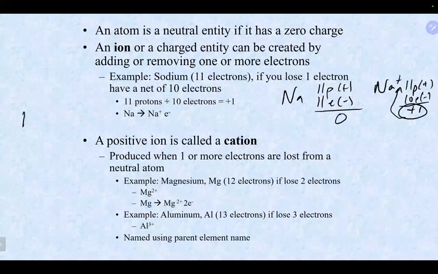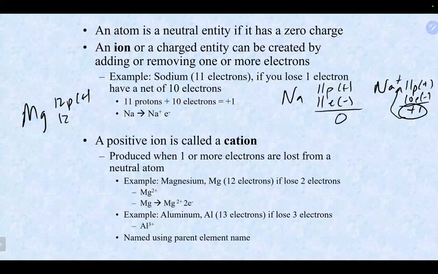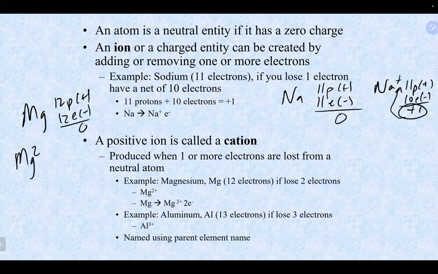And a magnesium with no charge, 12 protons, 12 electrons, gives you 0 charge. Magnesium +2 charge, 12 protons, and now 10 electrons, gives you that +2 charge, which once again is where that +2 comes from.